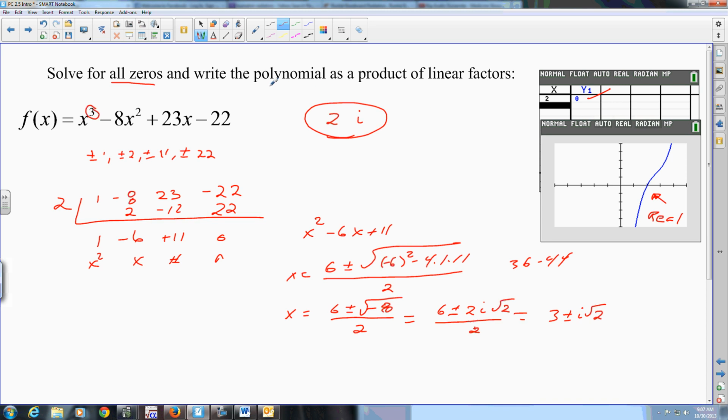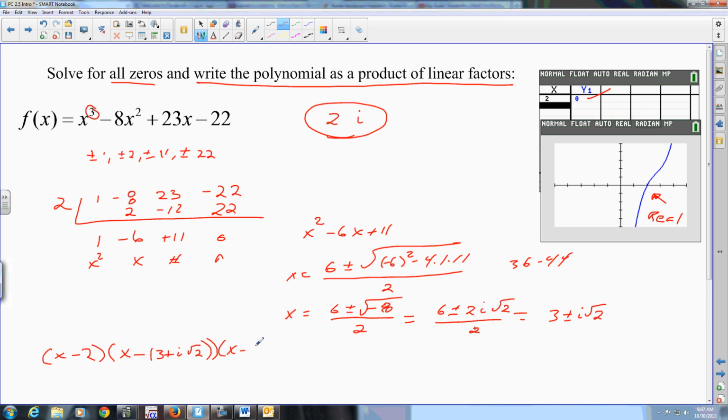Now, it says to write the polynomial as a product of linear factors. Well, that's 2 zeros, and your other zero was 2. So the first part is pretty straightforward: x minus 2. There's one factor. Then I have x minus, and I'm going to write it with parentheses, 3 plus i square roots of 2.